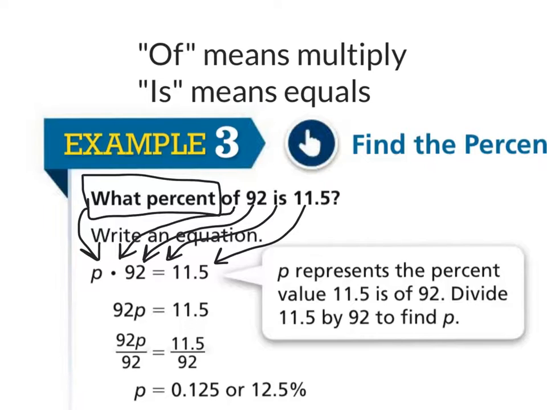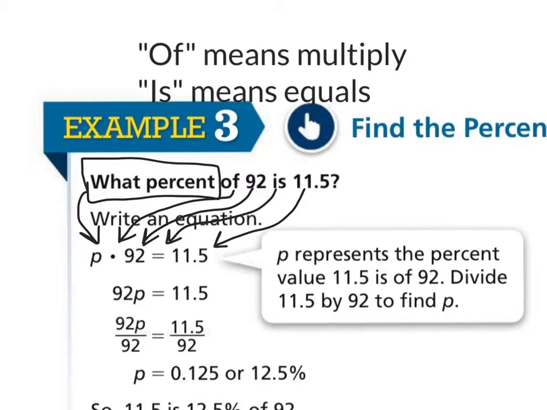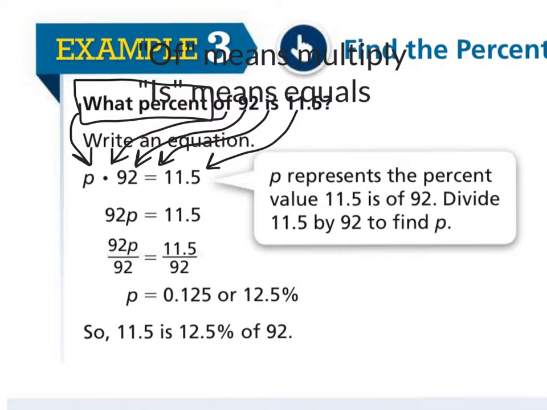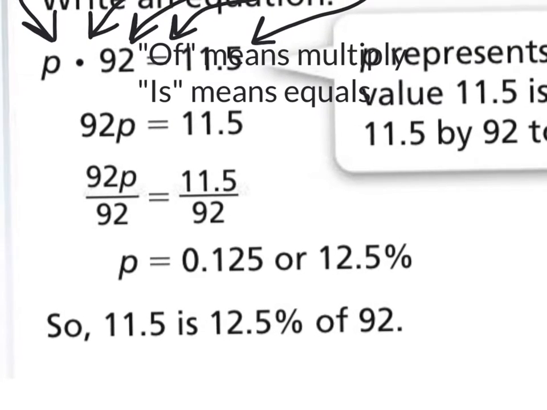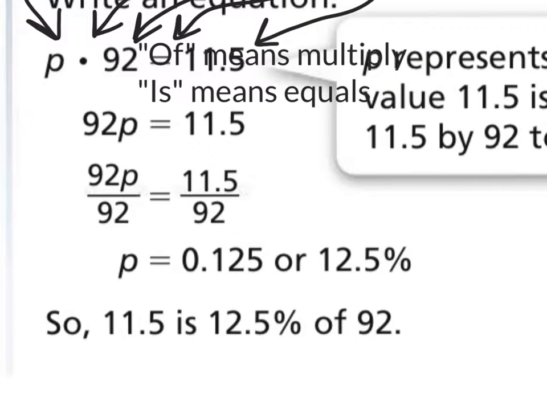The book divided by 92 on both sides and got 0.125. That's our percent as a decimal, and then we just move our decimal 2 places to the right and get our percent, which is 12.5%.